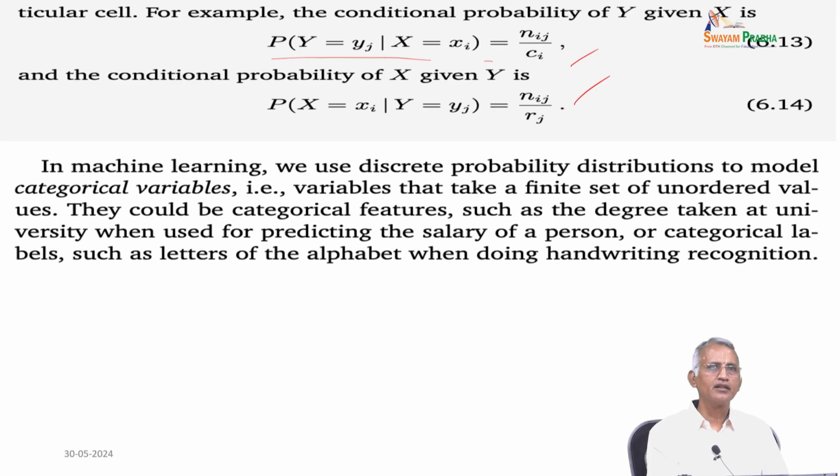In machine learning we use the discrete probability distribution function to model categorical variables. These variables take a finite set of unordered values. They could be categorical features such as the degree taken at university when used for predicting the salary of a person, or categorical labels such as letters of the alphabet when doing handwriting recognition. These are some examples of where we can use conditional probability in machine learning.